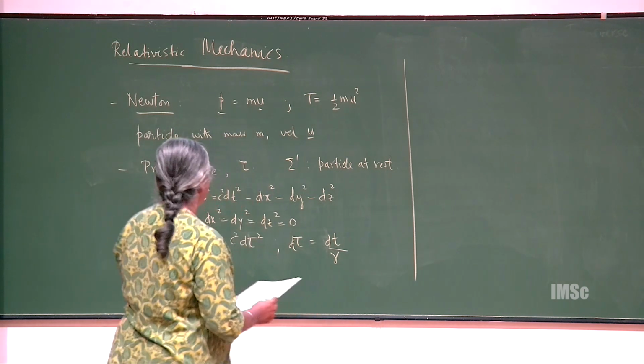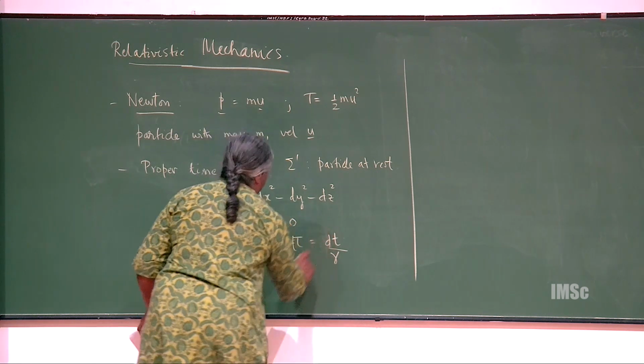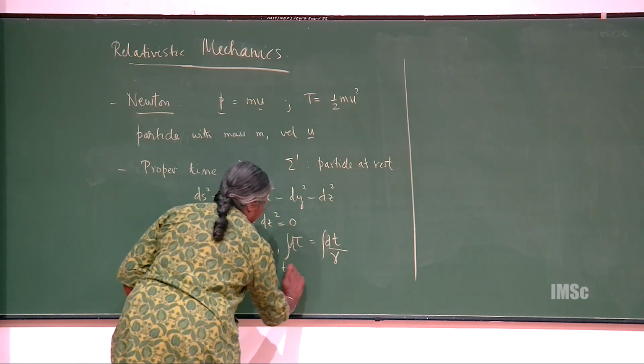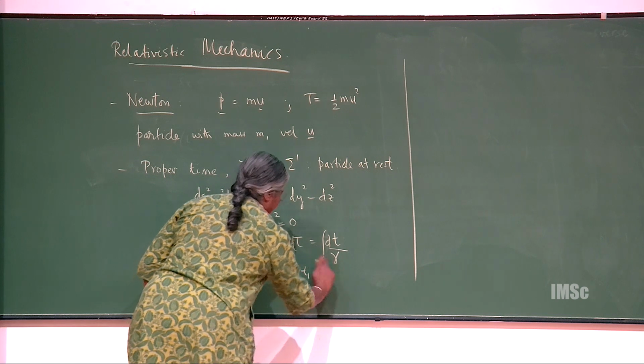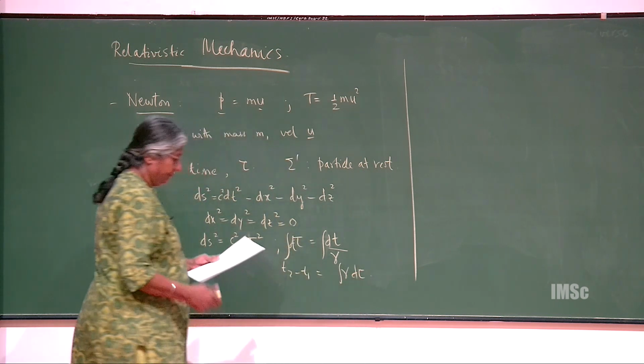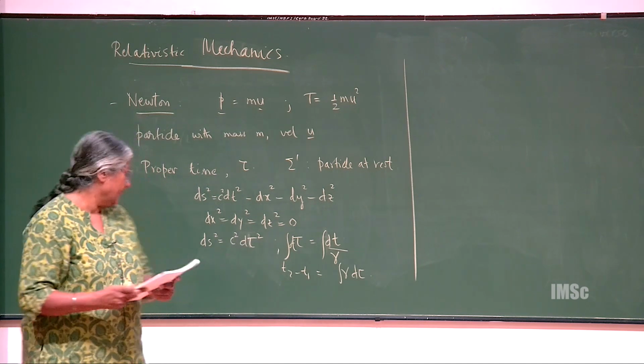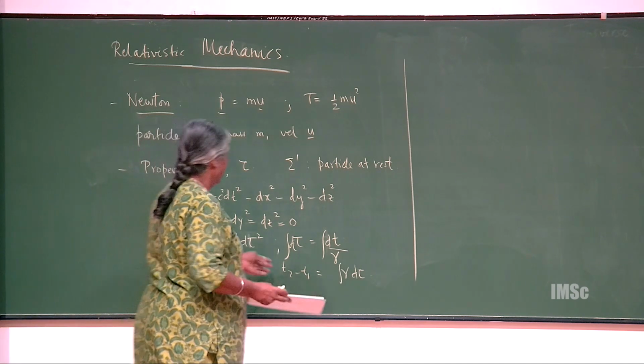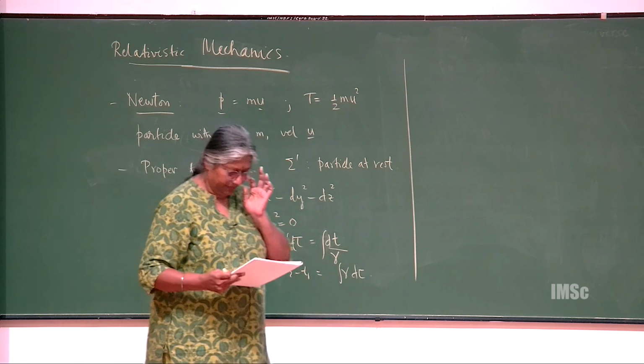So intervals, if I integrate both sides, t2 minus t1 is equal to the integral, appropriately, of whatever is in that frame.